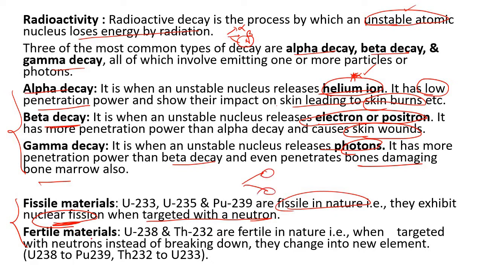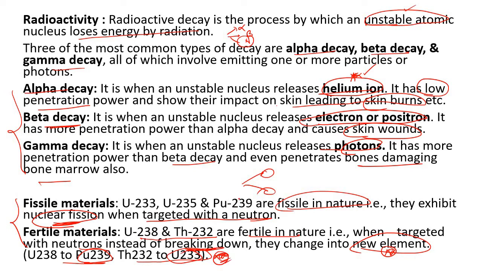Fertile materials: uranium-238 and thorium-232 are fertile in nature, that is, when they are targeted with a neutron, instead of breaking down they change into new elements. This is what we saw now. Uranium-238 is converted into plutonium-239 and thorium-232 is converted into uranium-233. Remember this from the exam perspective.